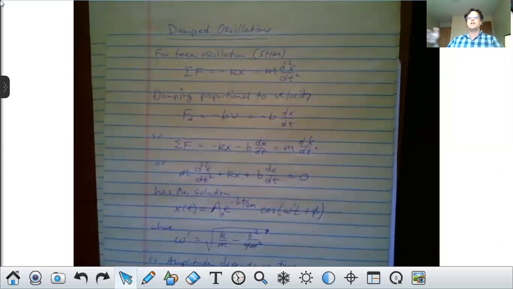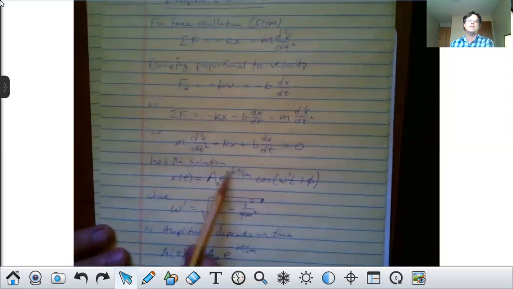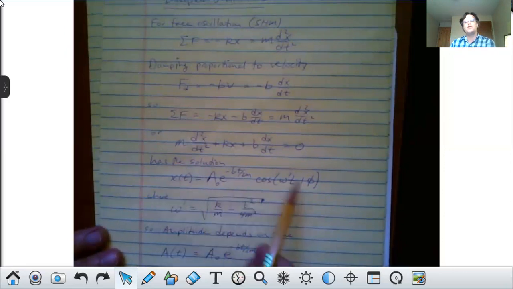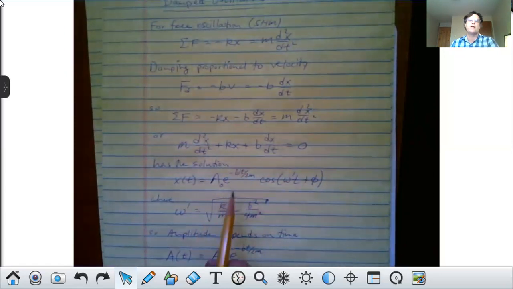There's going to be some oscillations, but those oscillations are going to die out. By that, I mean the amplitude is going to die. So you might guess there's an exponential decay of the amplitude times a cosine. And this is the actual form of a solution. It turns out there can be other solutions to this differential equation, but this is the physical one that makes sense.